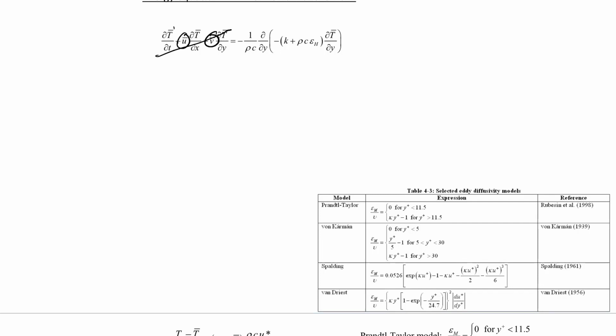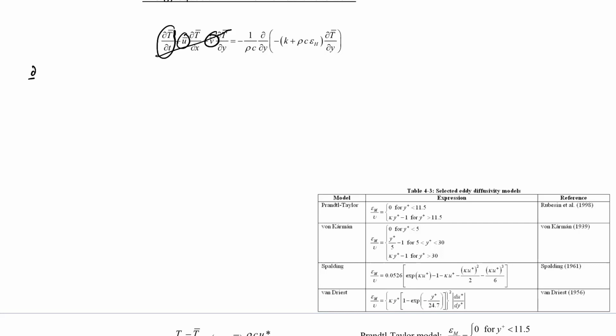Right? And that's again assuming that d temperature d time is 0. This is a steady solution. It's not like we're just starting the flow or there's anything changing with it. We're just assuming that that is going to 0. So if we throw that part away, we're left with the right-hand side, and that is just rewriting it here.